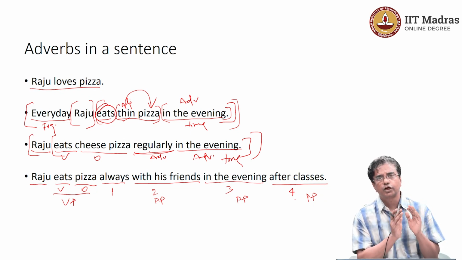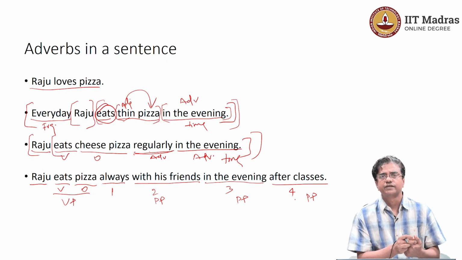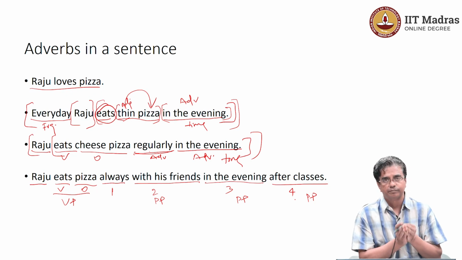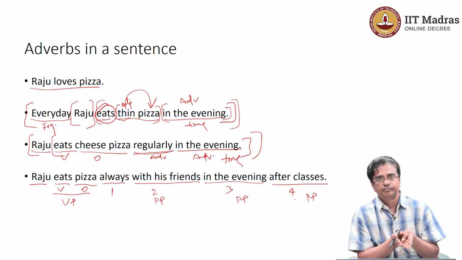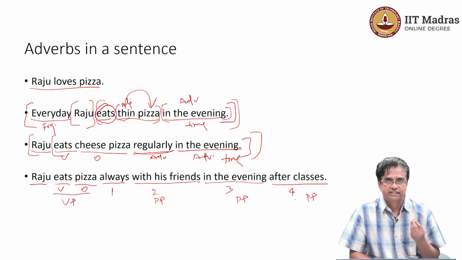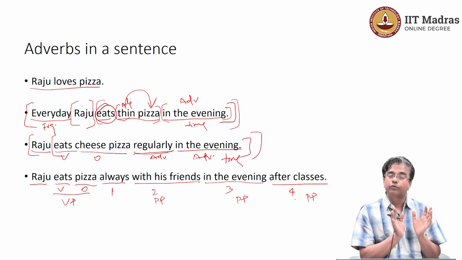These things are required for completion of a sentence because Raju is the subject, eats pizza is the essential part of the predicate, where eat is the verb and pizza is the object of that verb, required by the verb because eat is a transitive verb. So we get subject and verb phrase. That much is a canonical sentence. It has all required parts of a sentence.